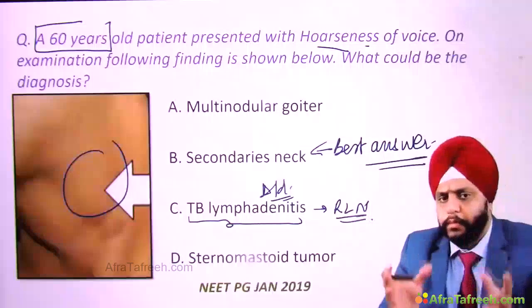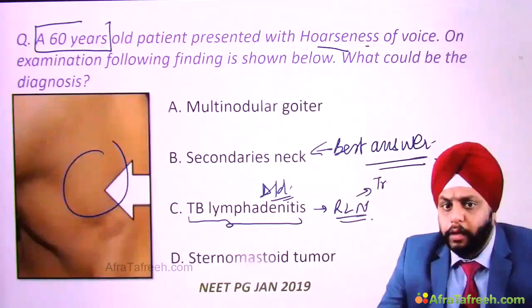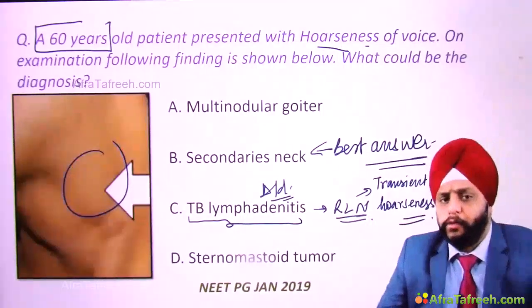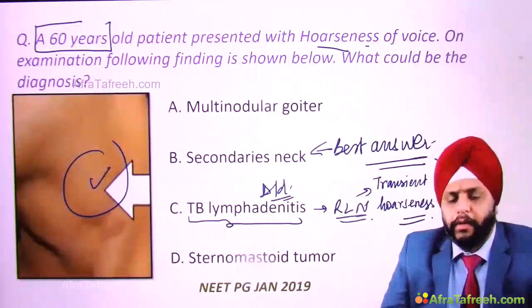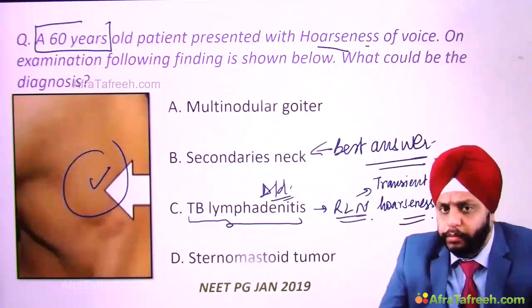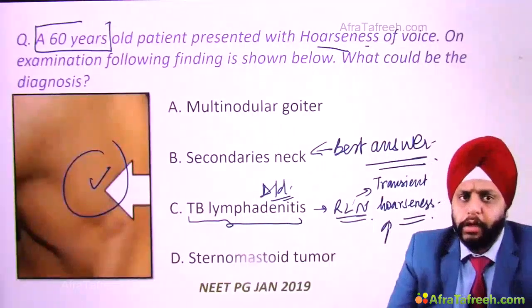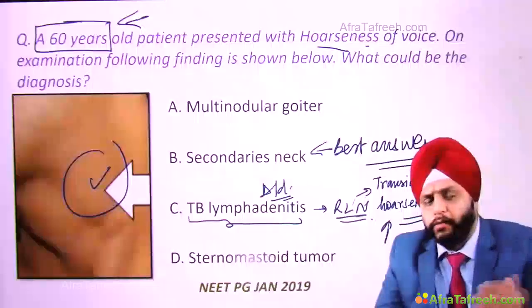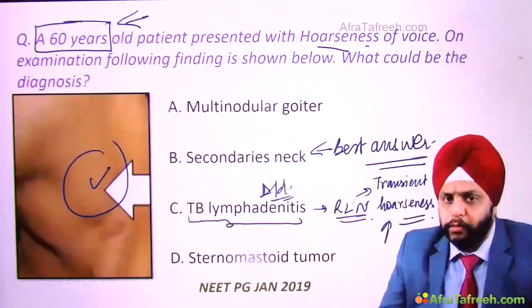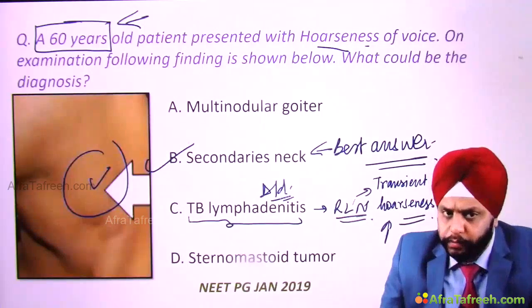That causes transient hoarseness. So we may have a similar situation where the patient has lymphadenitis because of tuberculosis and there is a transient hoarseness. But because, first, it's a transient hoarseness, and number 2, a 60-year-old male patient points towards malignancy. All right, so malignancy we have to keep as the first diagnosis. So secondaries of the neck over here is the most suitable answer to this question.